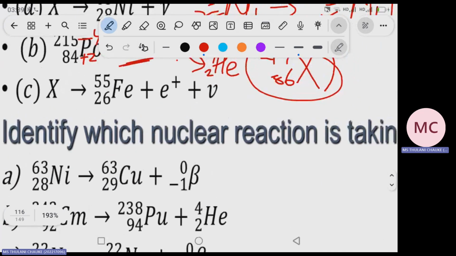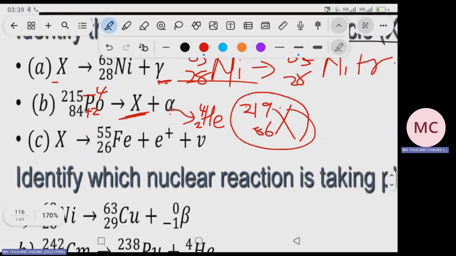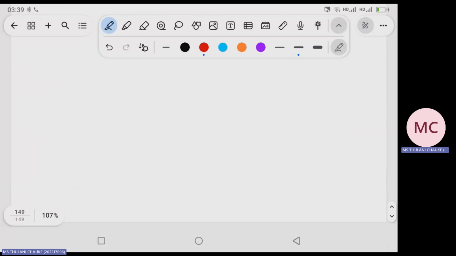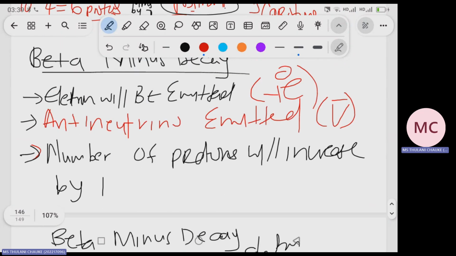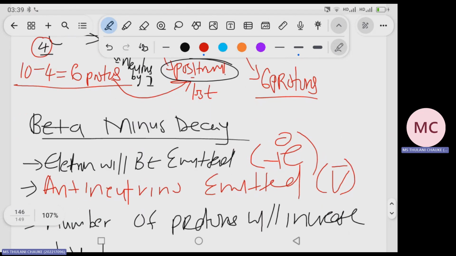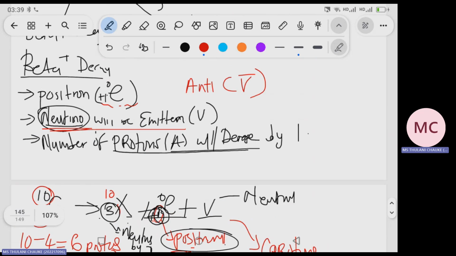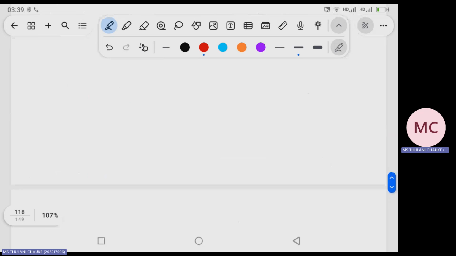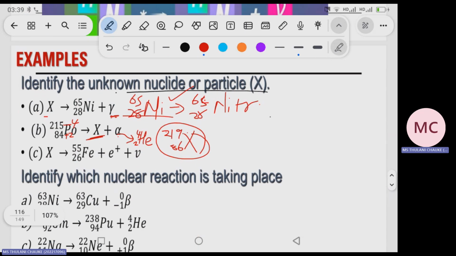Then this one is beta what? The one that is a positron being emitted, that is beta plus decay. So we are talking about beta plus decay here on this example.